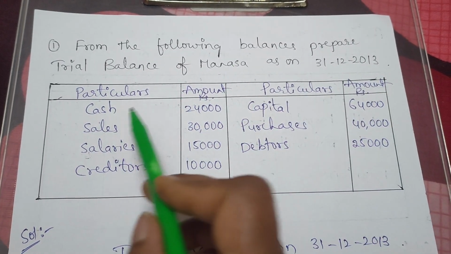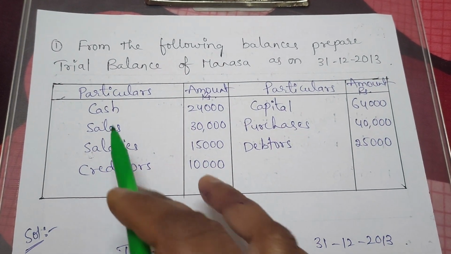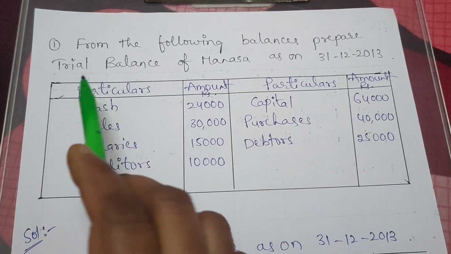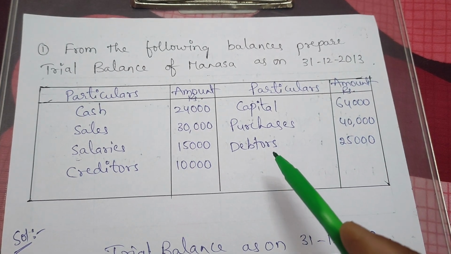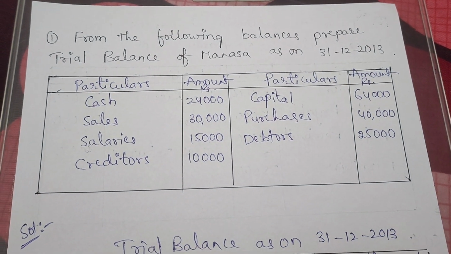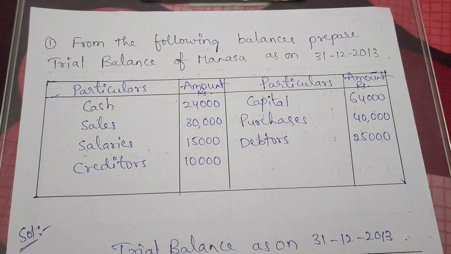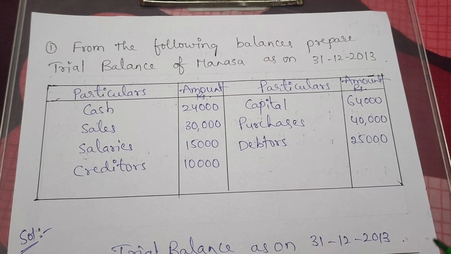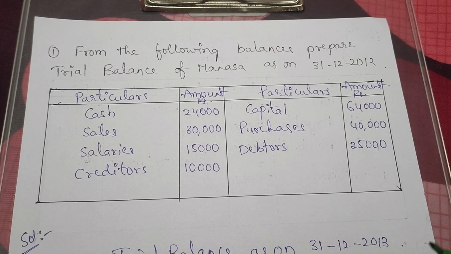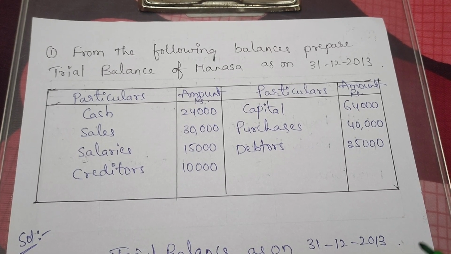Here they have given some amounts and items, and we have to prepare a trial balance for all those items. I have already explained how to prepare a trial balance, what formats we follow, and the rules also.